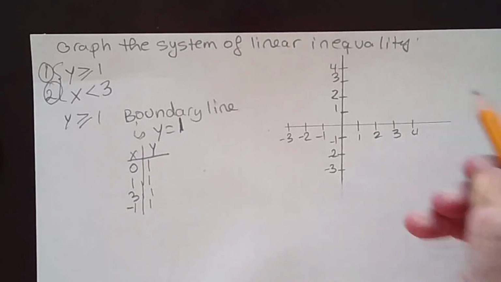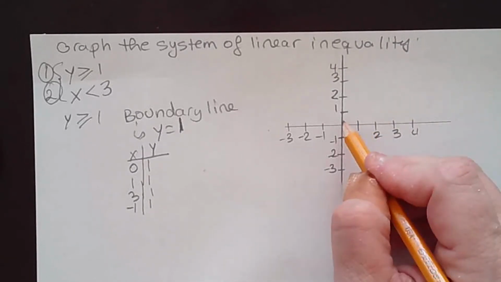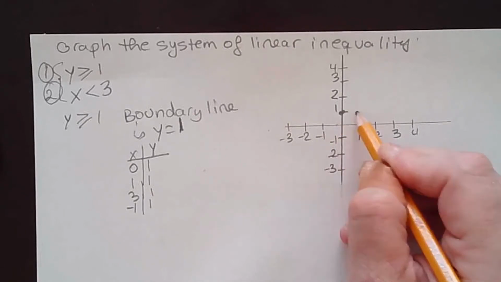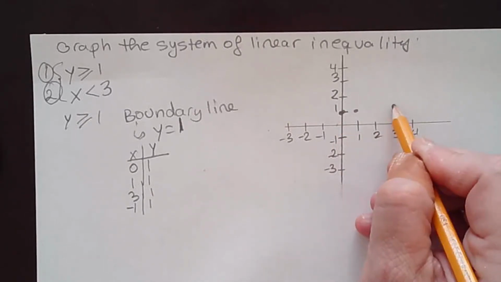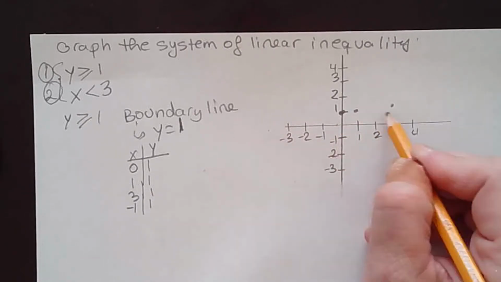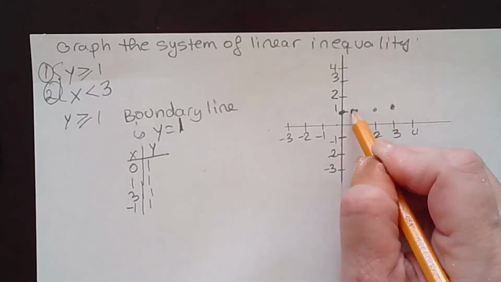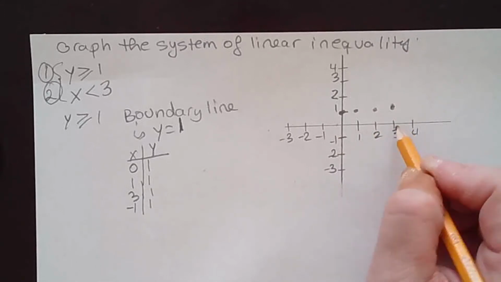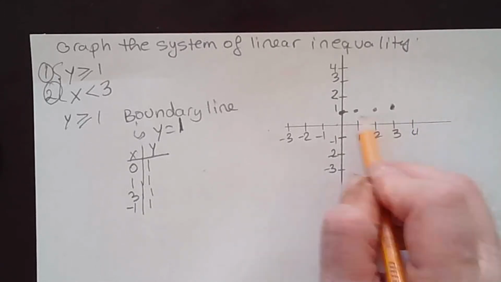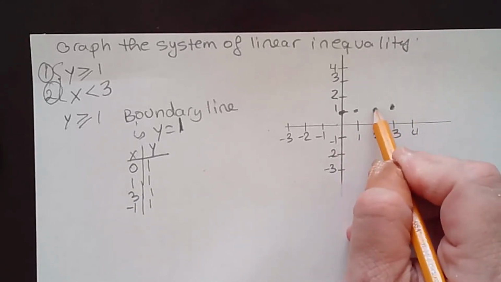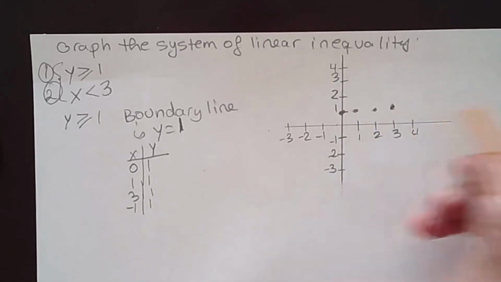So graphing it, what are you going to have? You're going to have (0, 1), (1, 1), (3, 1). Although I didn't select x equal 2, it would have the same value, which is y equal 1. For any value of x, y equal to 1. So these are the points on the boundary line.